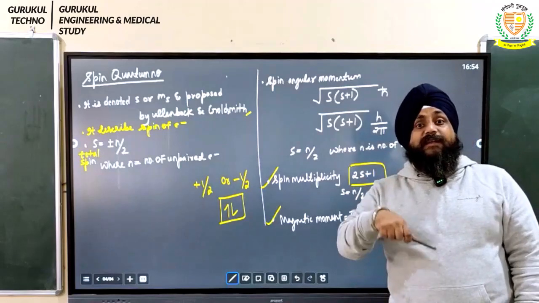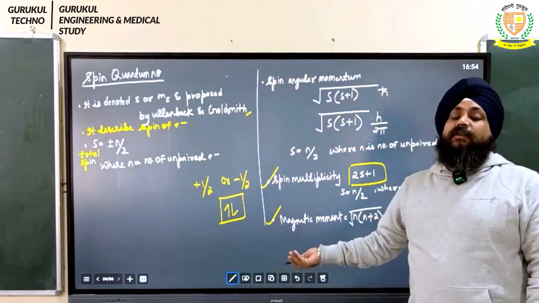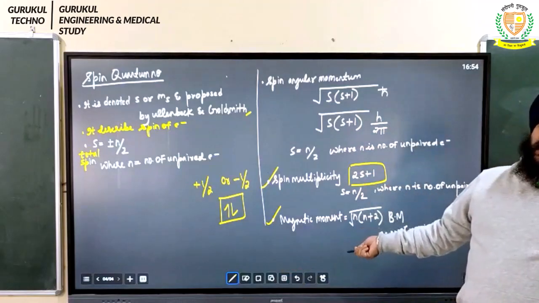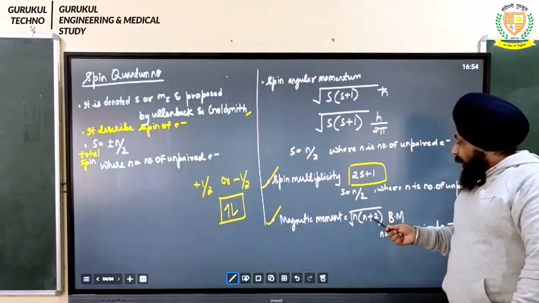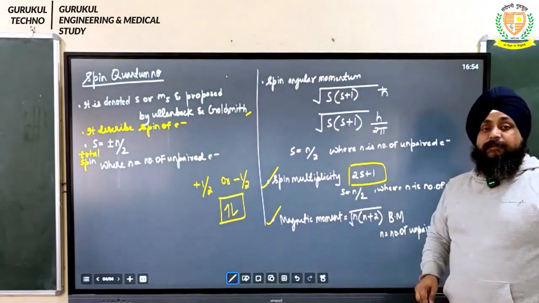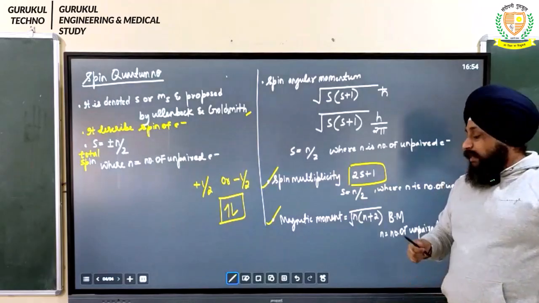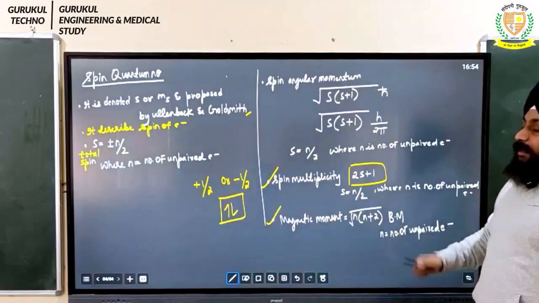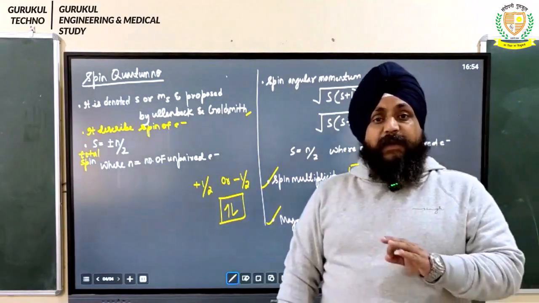So you will write the electronic configuration, then find the number of unpaired electrons, and then you can find the magnetic moment, which is given by under root n into n plus 2 BM. BM is called Bohr's magneton, it is the unit. What is n over here? n is the number of unpaired electrons.